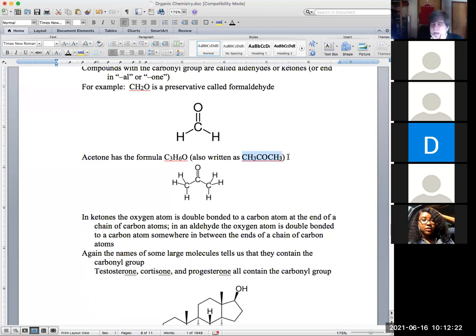And notice when we write the formula out this longhand way and add up our carbon atoms, there are 3 of them. When we add up our hydrogen atoms, there are 6 of them. When we check our oxygens, there's just 1.